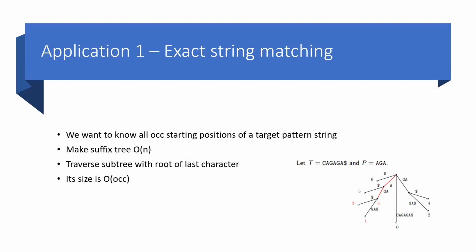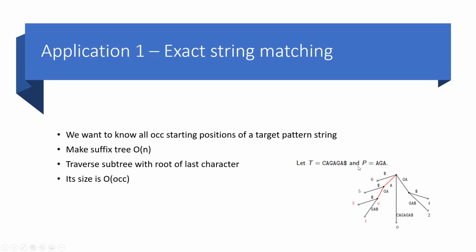And an application for suffix trees would be exact string matching, where we want to know all OCC starting positions of a target pattern string. So if we create our suffix tree in big O n time, we can traverse the subtree with the root of the last character in that target pattern string.